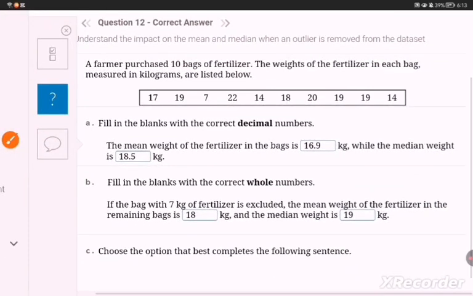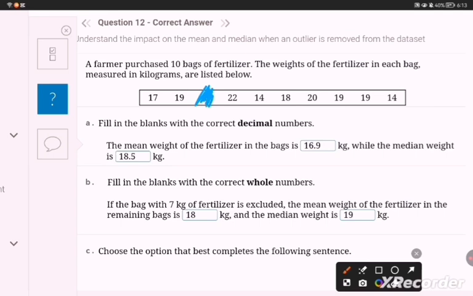Okay? So, for part B, they told you if the bag with 7 kilograms of fertilizer is excluded, the mean weight of the fertilizer in the remaining bags is 18 kilograms and the median weight is 19 kilograms. So they're just telling you, ignore this 7 over here. It's not there anymore. So all you have to do is just do what we did in part A, but without the 7.